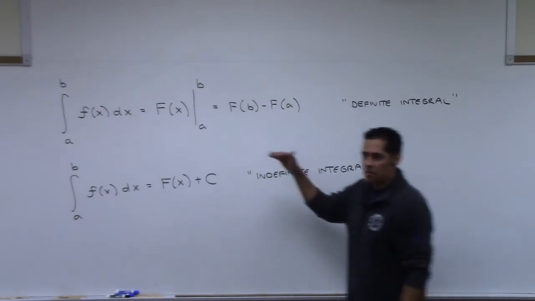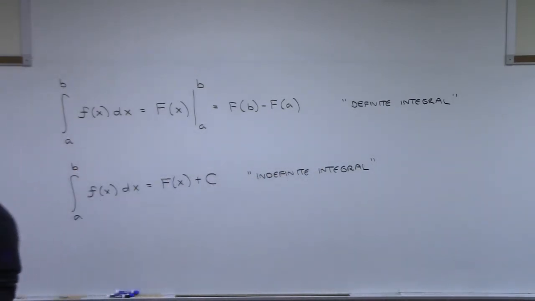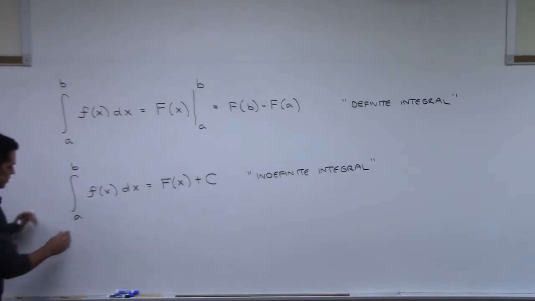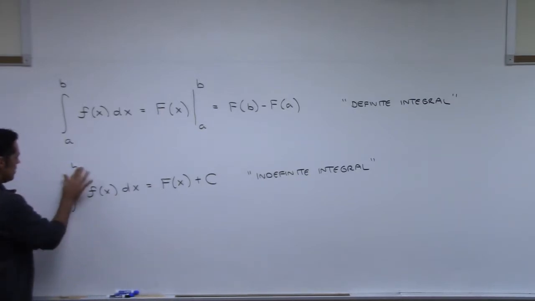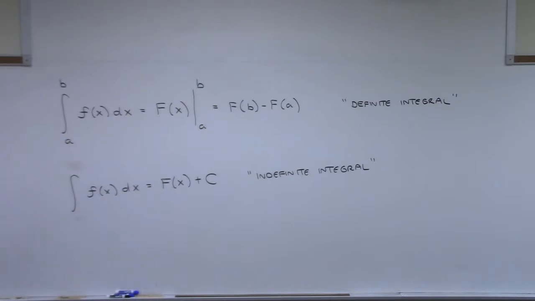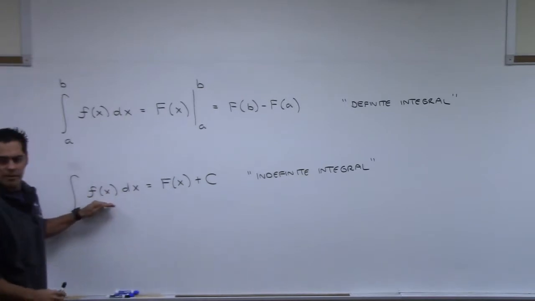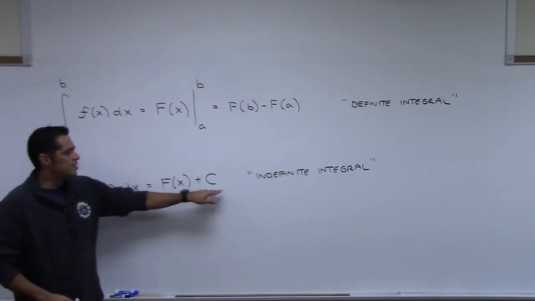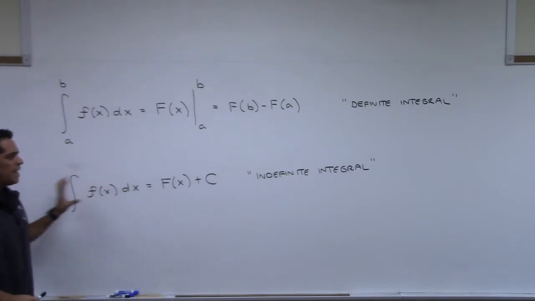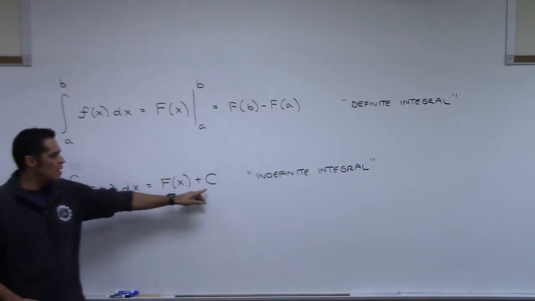All right, so these are the two main ideas from the last few classes. Oh, sorry, take this A and B off. I have no idea why I put that there. Okay, the whole idea here is that if you see this symbol with f of x dx, this means you need to find the antiderivative of this function and then plus c, and that gives us a whole family of functions, an infinite number of answers, right, because of the plus c.